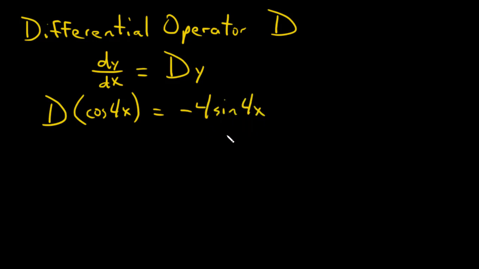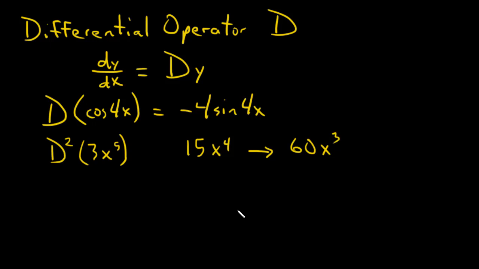Right? Here you go, you ready? D squared of maybe, oh gosh, I don't know. I'm drawing a complete blank. I'll do 3x to the 5th. This is the second derivative of whatever the argument is. So first derivative would be 15x to the 4th, and second derivative would be 60x cubed.